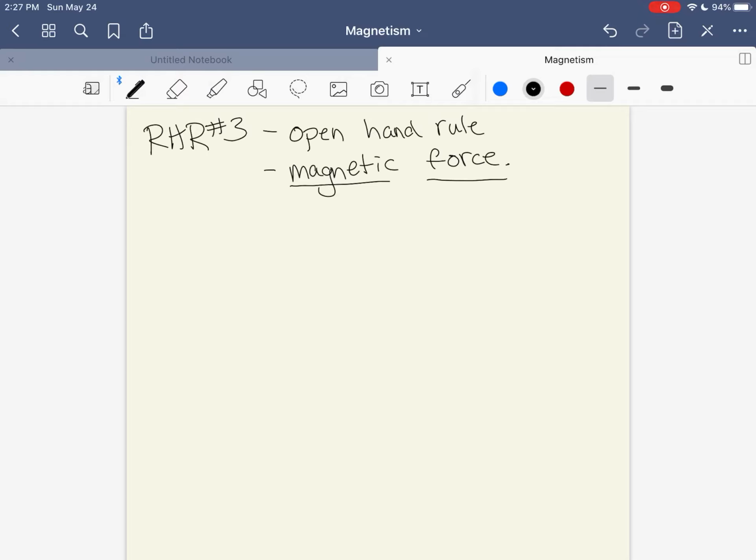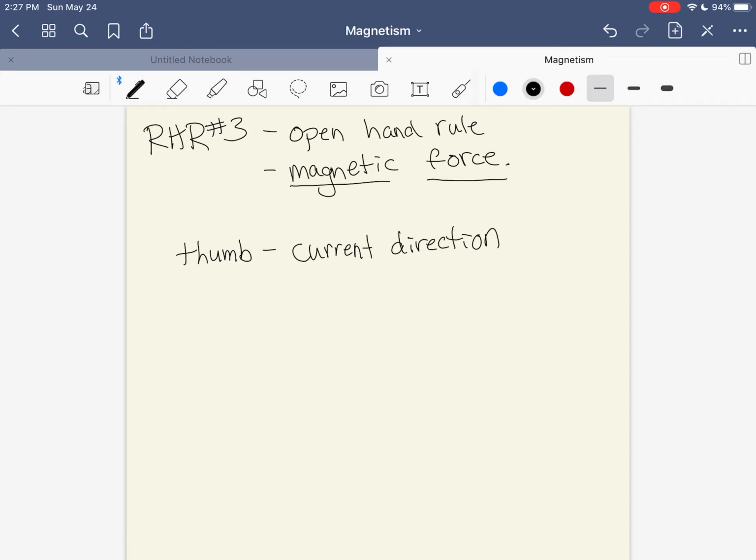All right. So when we are using right hand rule number 3, we're going to use an open hand. With our open hand, our thumb is going to be the current direction.